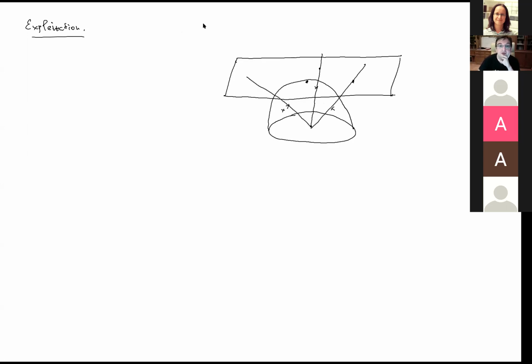So this point is... the hyperplane is a plane in R^d. And by direct calculations, you can find the density of the distribution of the projected point.